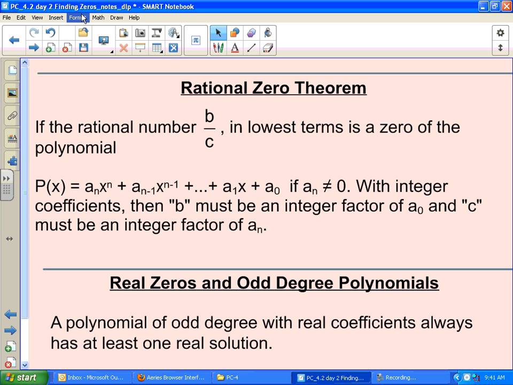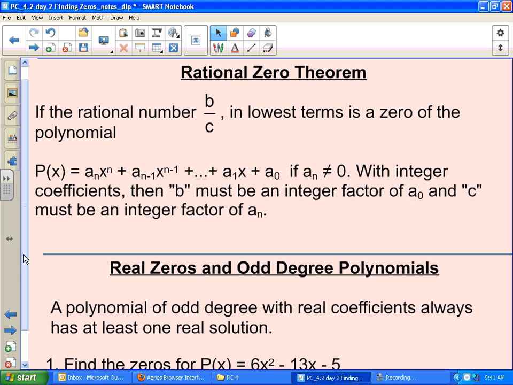And how do we find these potential zeros? It has to do with the factors of the very last term. And again, we put everything in descending order. So we have a constant probably in our polynomial, and we're going to find the factors of that. And then we're going to look at the factors of the leading term.